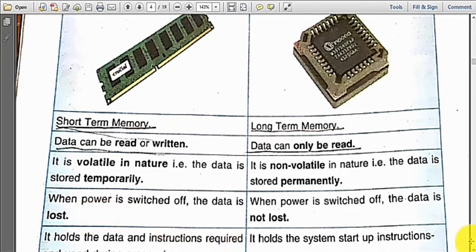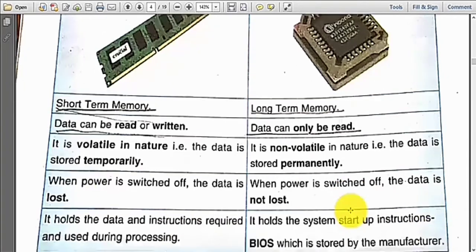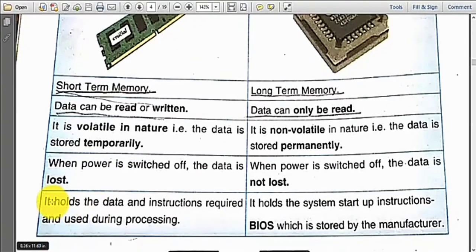Next, RAM holds the data and instructions required and used during processing. The use of RAM is when you are working on the computer and you have to store some information temporarily, you can use RAM. And ROM holds the system startup instructions, BIOS.